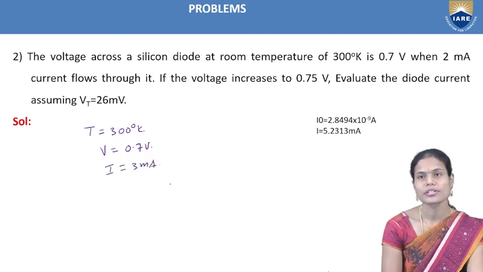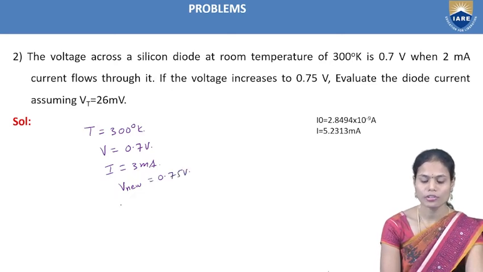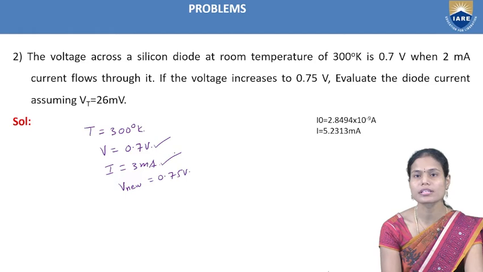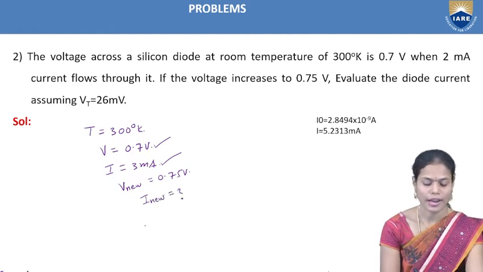If the voltage increases to 0.75 volts, that is the new voltage, evaluate the diode current. At 0.7 volts we got the current as 3 milliamps. If I increase the voltage from 0.7 to 0.75, how much current are we getting? We need to calculate.